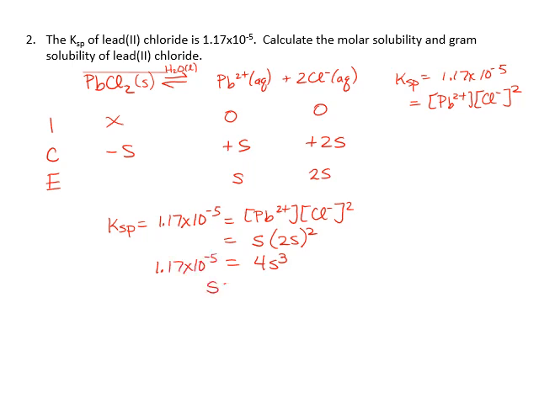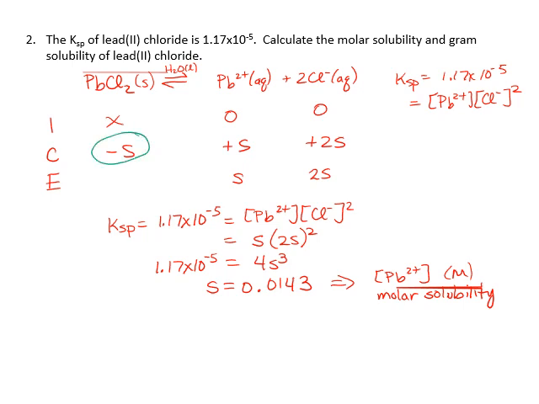We can solve this equation for S, and we get a value of 0.0143. Remember that S will be equal to the concentration of the lead 2+ ions in units of molarity, and will also be equal to the molar solubility, because it's the moles of lead 2 chloride that actually dissolved.